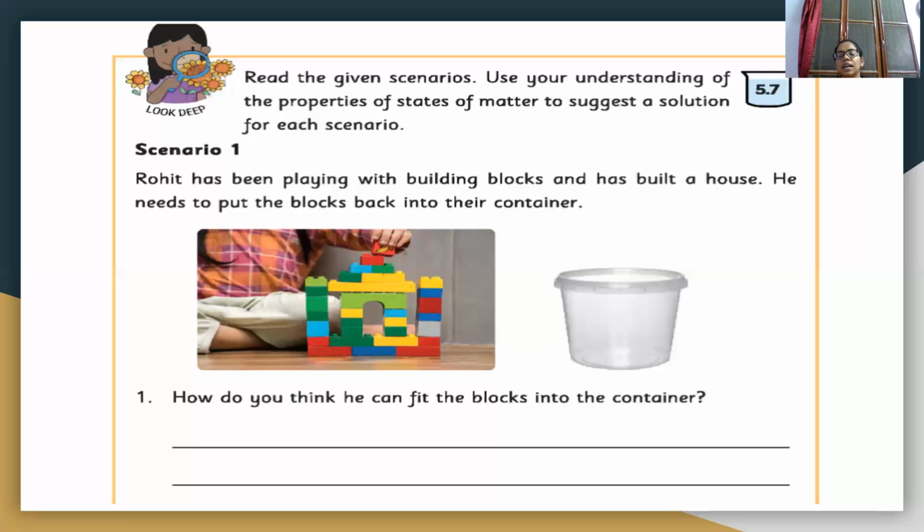Next, read the given scenarios. Use your understanding of the properties of states of matter to suggest a solution for each scenario. Let us see the activity which is given in the slide, activity 5.7. Based on the scenario, you can answer this question. For scenario 1, Rohit has been playing with the building blocks and has built a house.